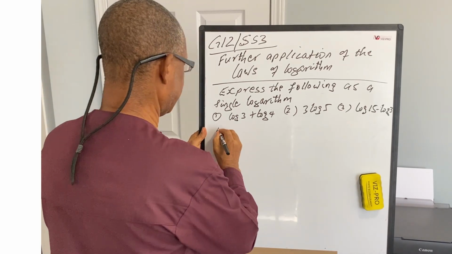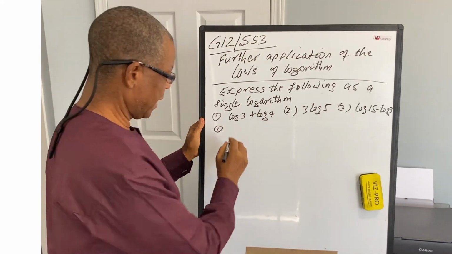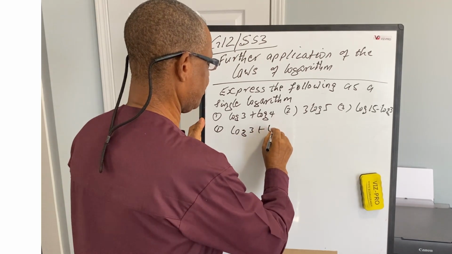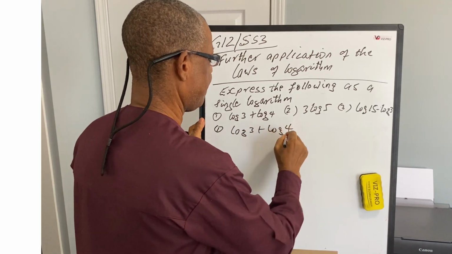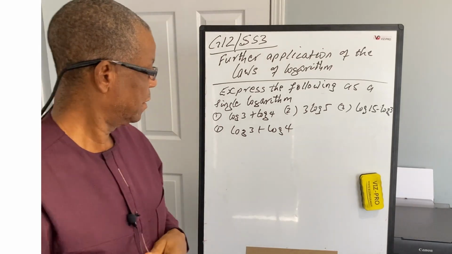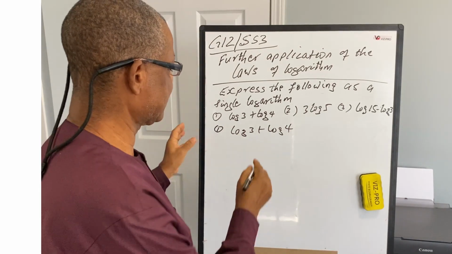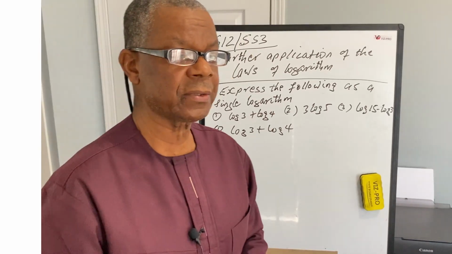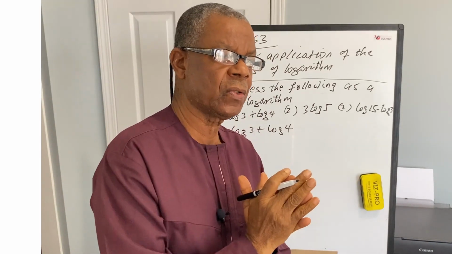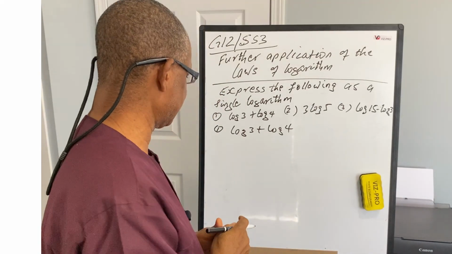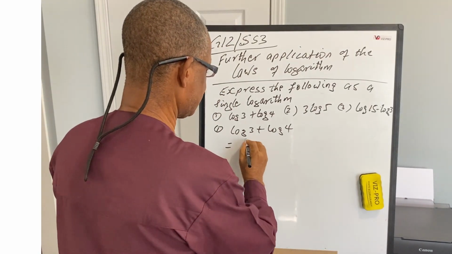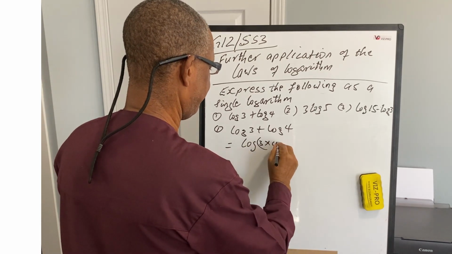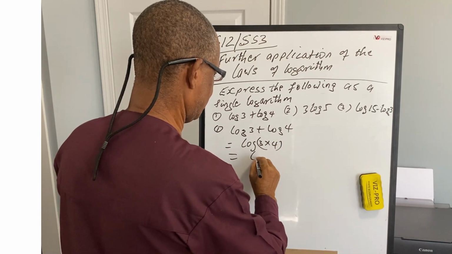Now for number 1, where we have log 3 plus log 4. Recall that we stated when we were producing the laws of logarithm that where we have multiplication, we add the logs and vice versa. So here we now say that this is log 3 times 4, giving us log 12.